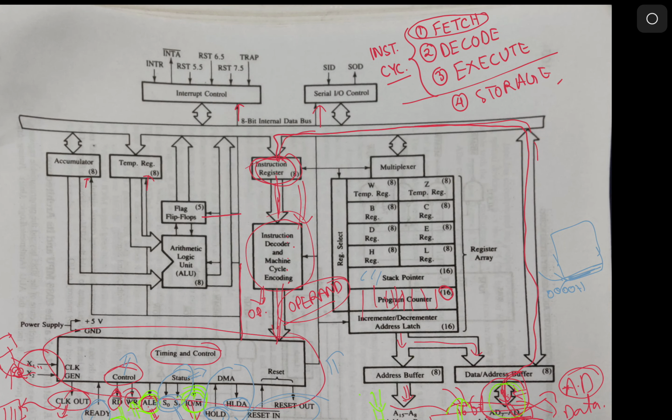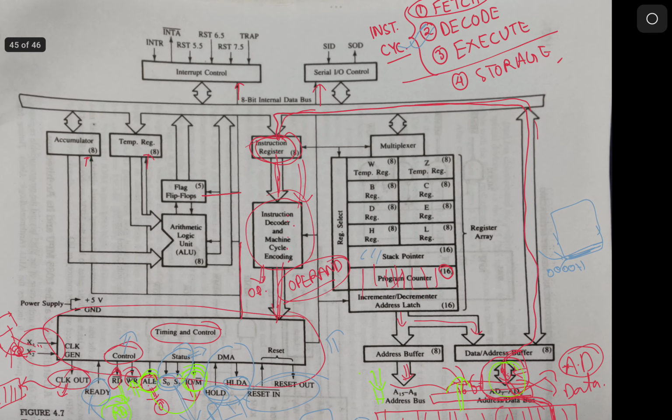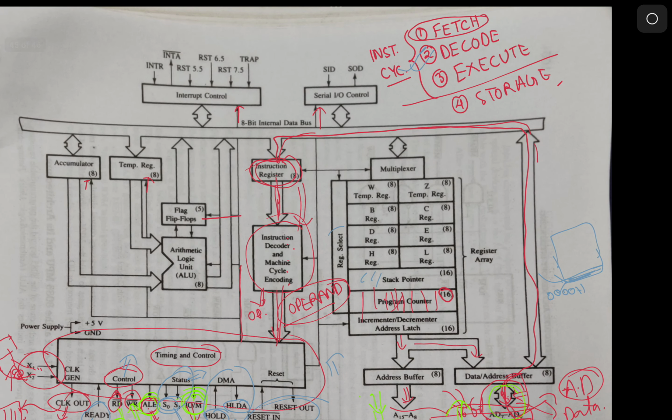Up to this we have the decode operation, and then we have this register select. Okay, we have understood what operand is going to be used, and accordingly this register select can select the particular register which is inside the instruction.